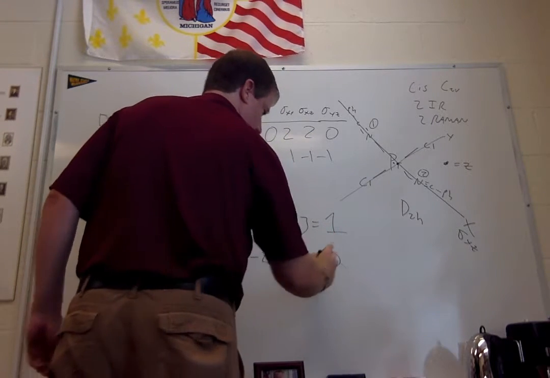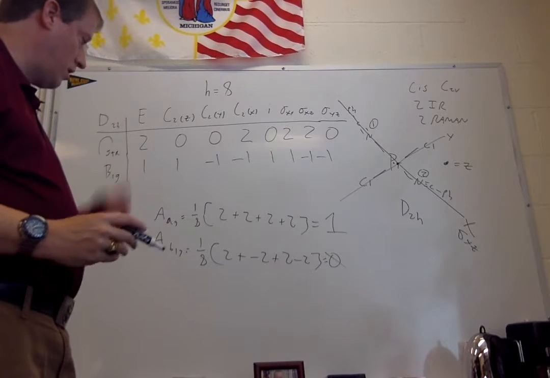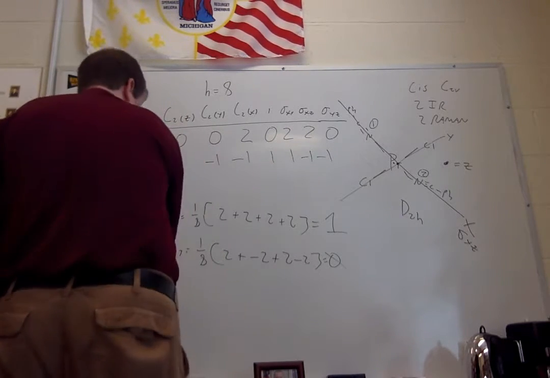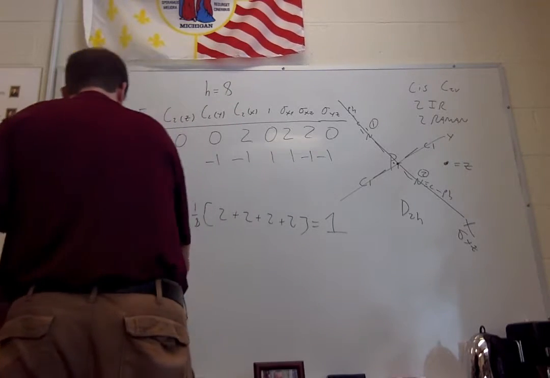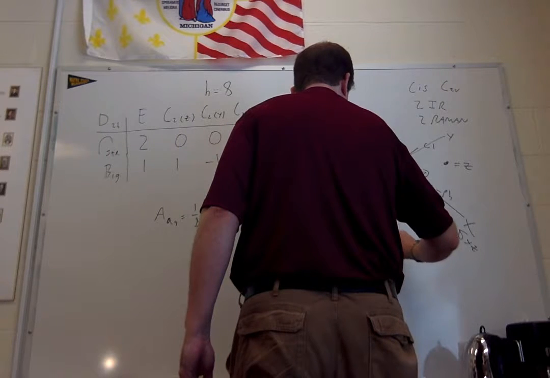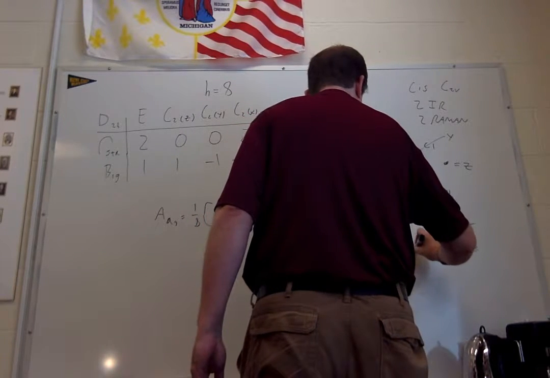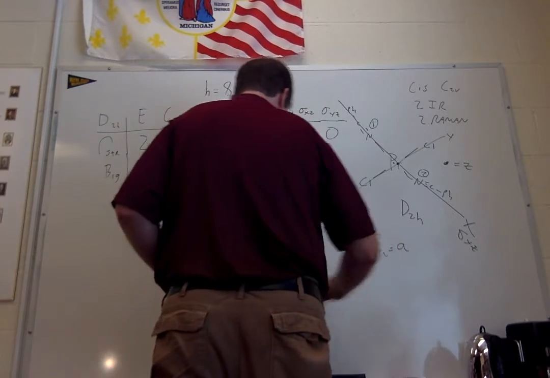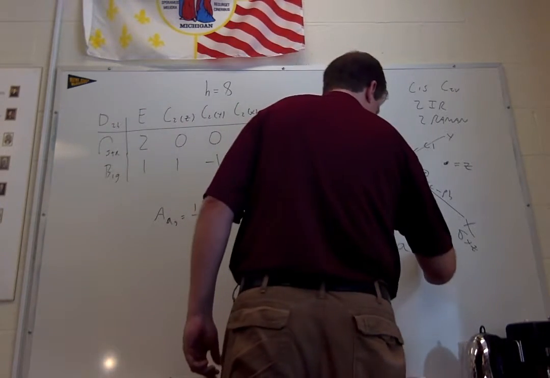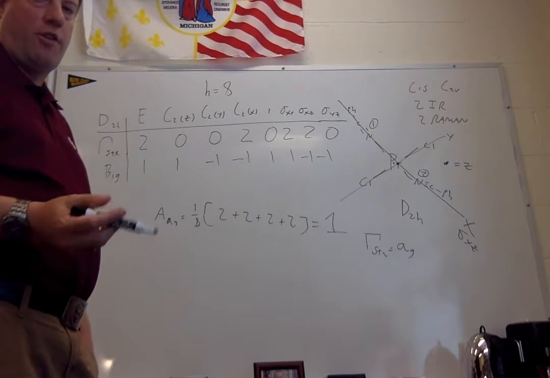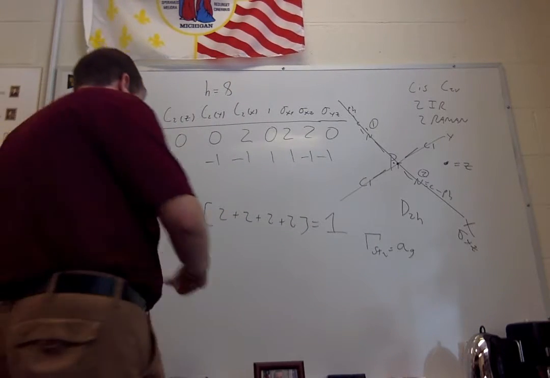So that's a 0. No contribution for B1g in here. So I can keep a tally over here. The 1 isn't necessary for that. Ag, so far, is what we have.